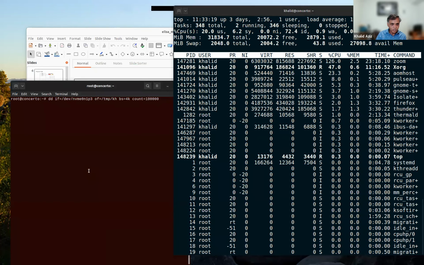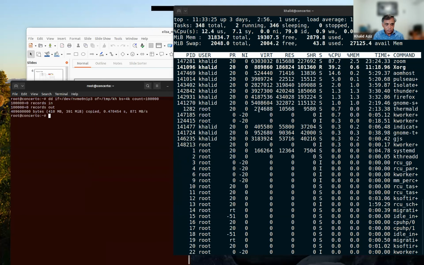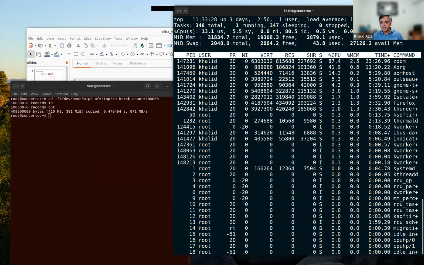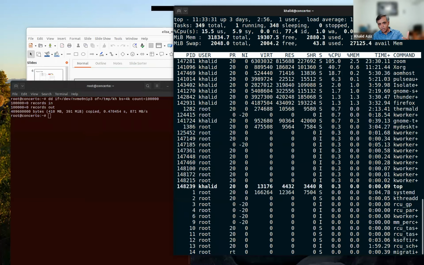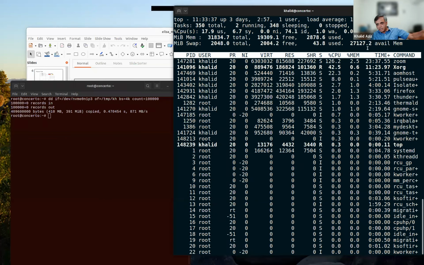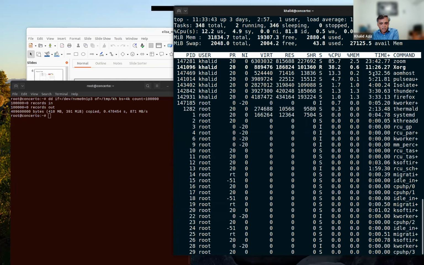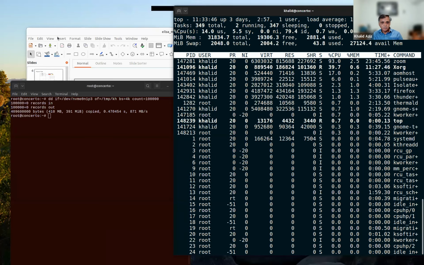So I'm just going to read some data from the disk, put it out on a file. So we read about 391 megabytes, and you can see the cache usage went up, because what kernel did was it allocated pages from page cache and then brought the data in. It wrote that data from the disk back out to a file, but it leaves all that buffer data in the cache as long as it can.